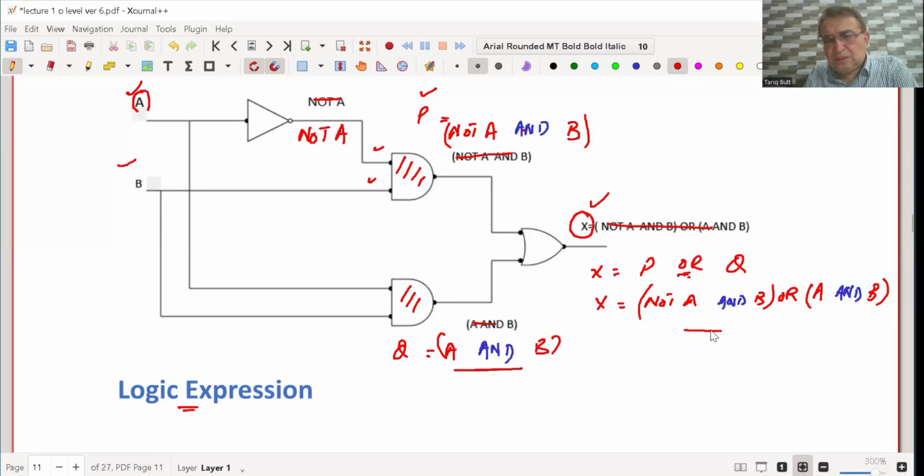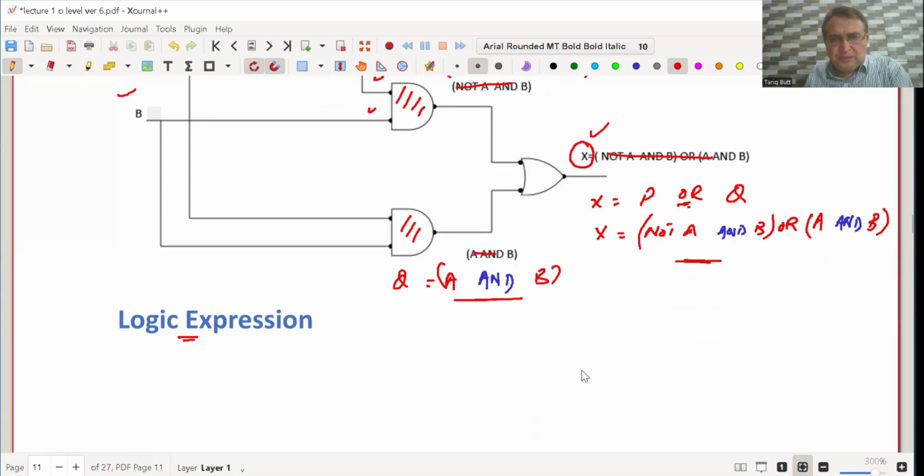So this is the logic expression for this particular logic circuit. Fine. So very simple. You may be asked to write down the logic expression for this particular circuit. So I had shown it over here.